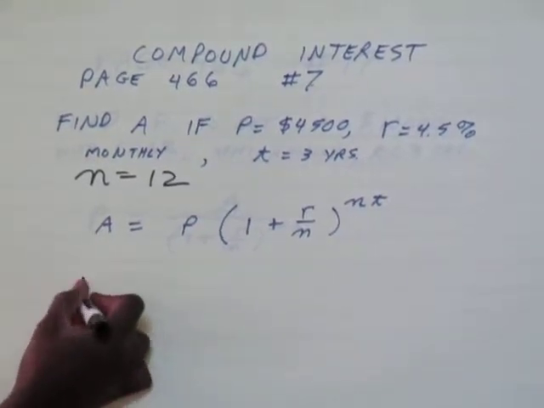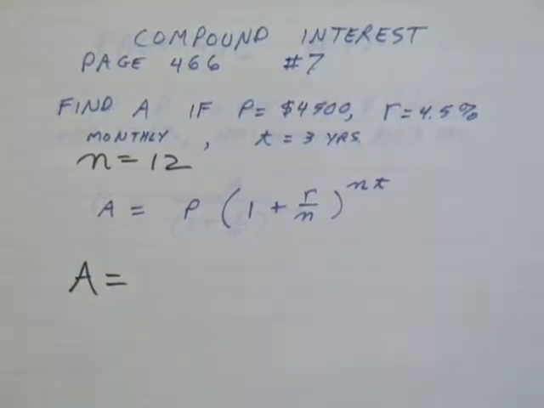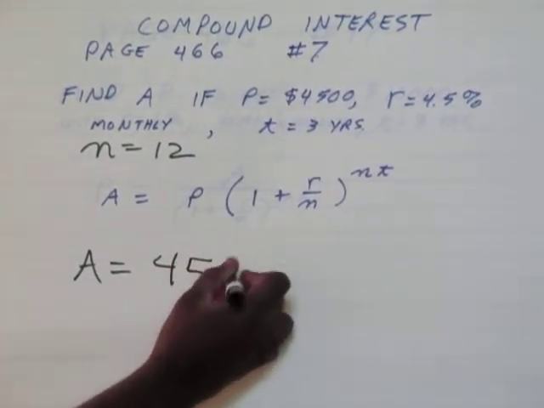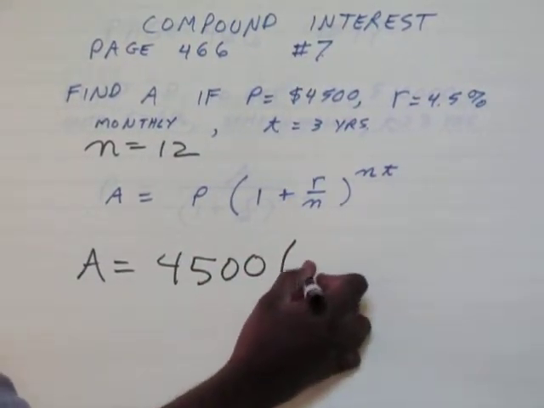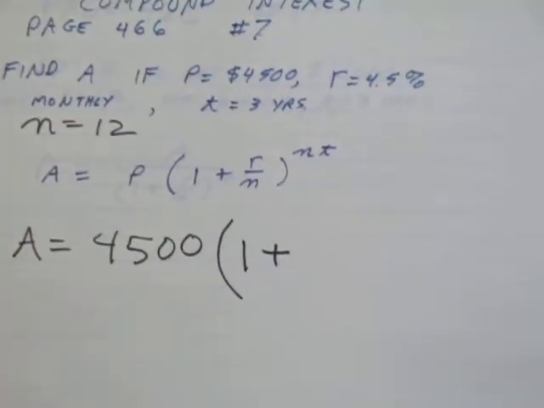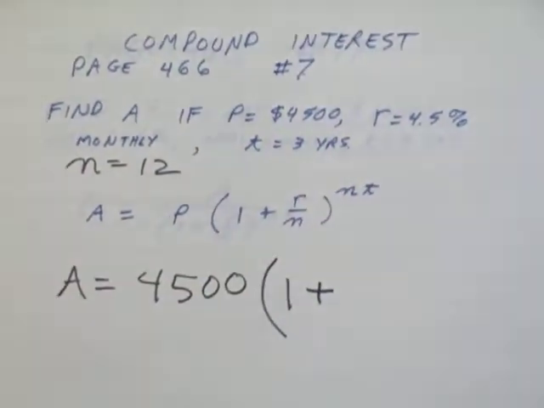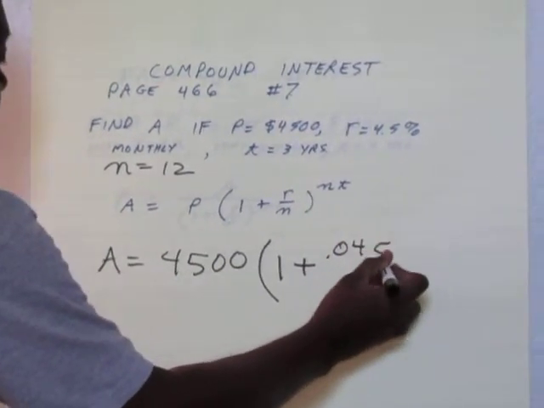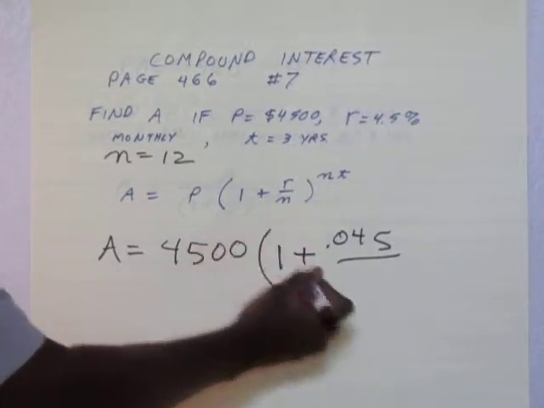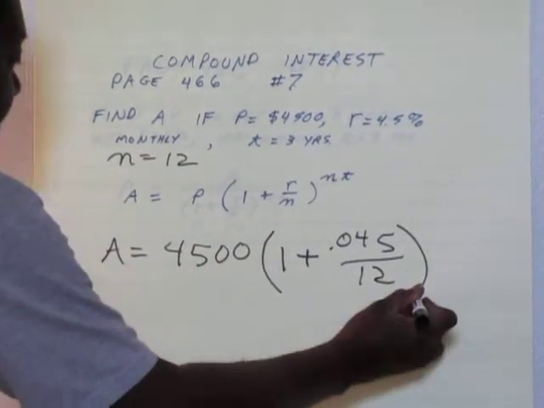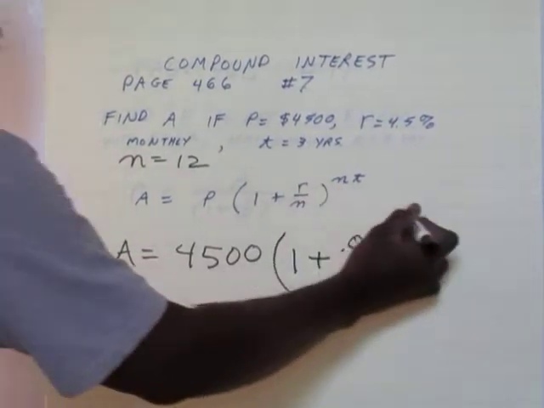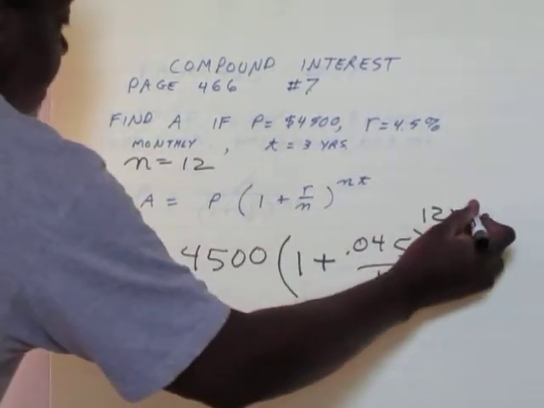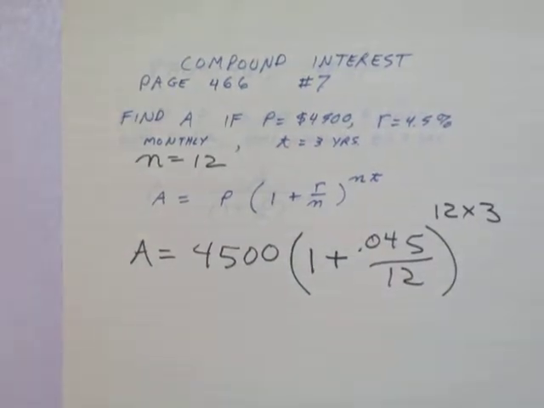The amount in the account, I'm going to substitute into our formula here. P is $4,500. And we have 1 plus R, which is 4.5%, or 0.045, divided by N, which is 12, and we have an exponent that is 12 times 3, or 36 compoundings.